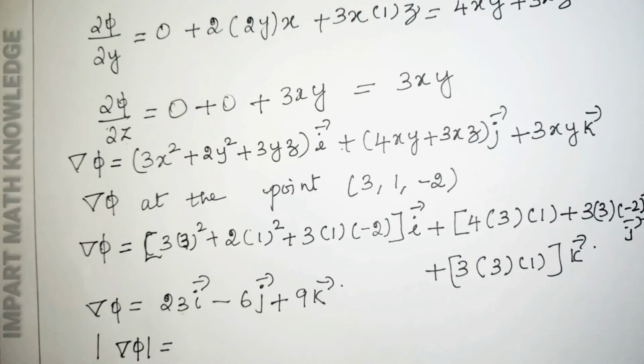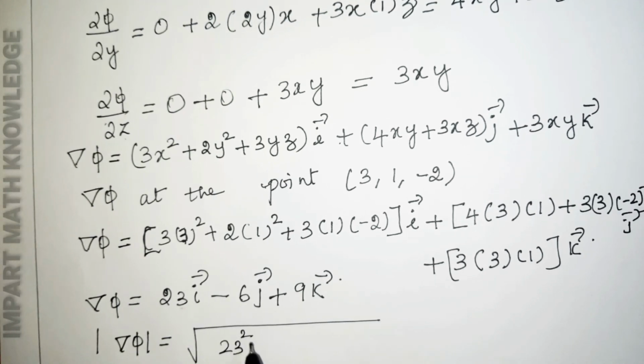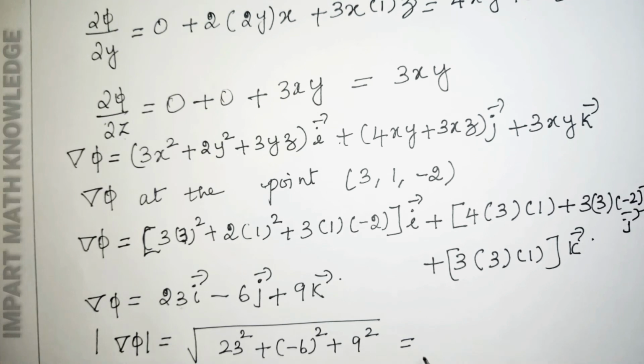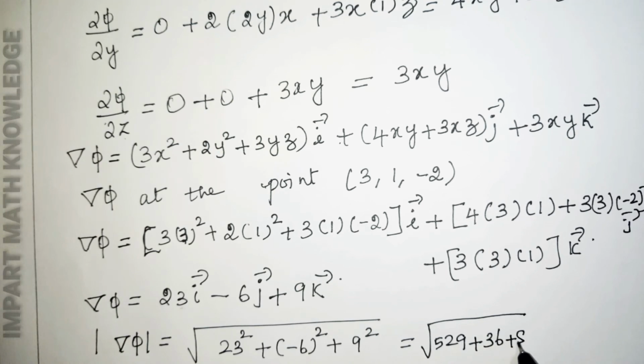Next we have to find modulus of del phi. Modulus of del phi is equal to square root of 23 square plus minus 6 square plus 9 square, that is root of 529 plus 36 plus 81, that is root 646.